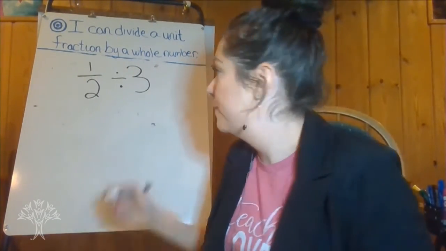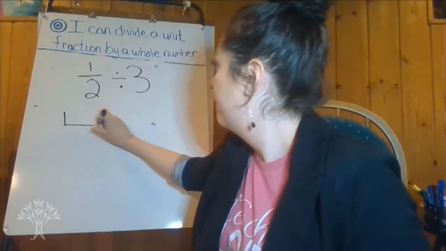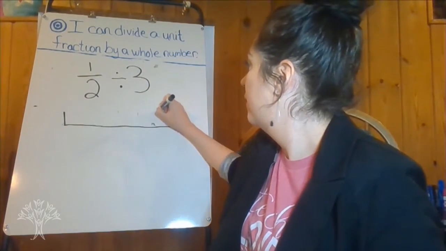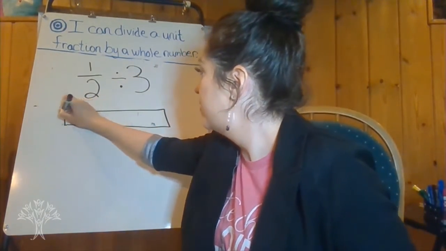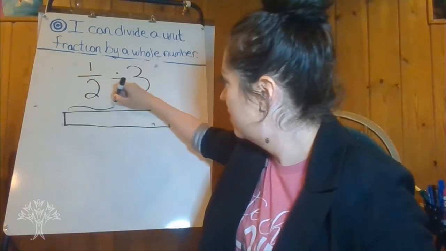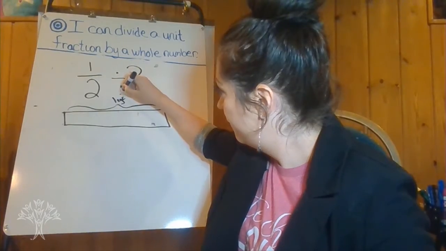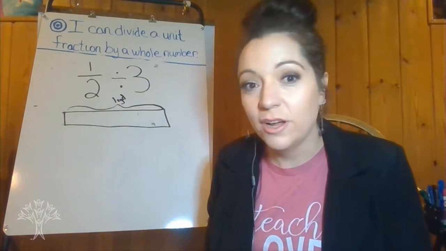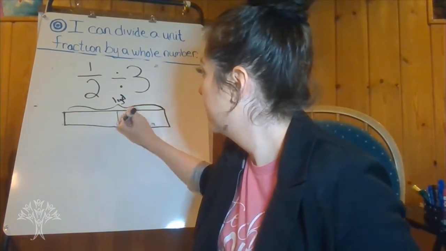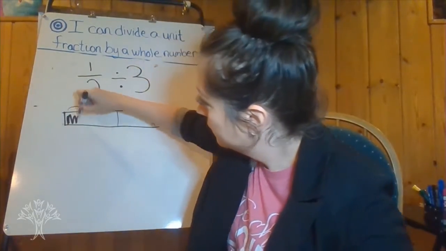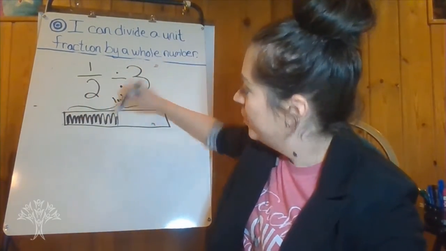Let's draw this out. This is going to represent 1 whole yard. He doesn't have a whole yard, does he? He only has half a yard.